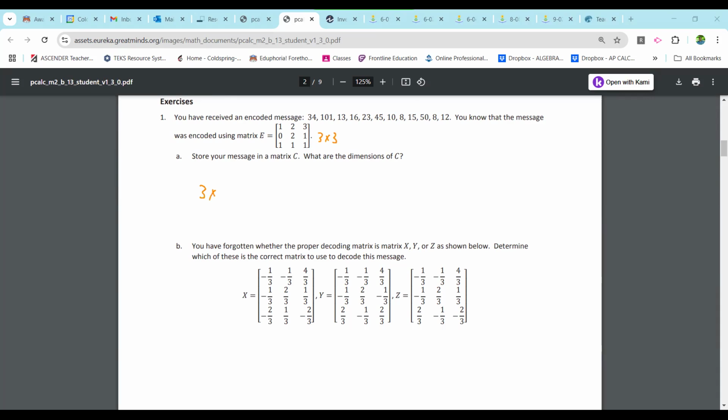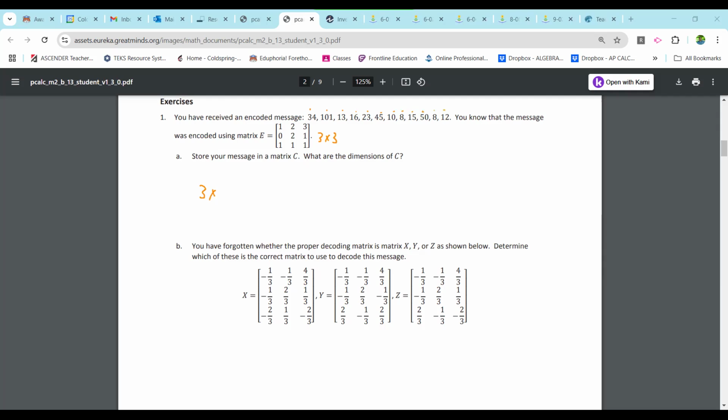Do you remember how we determine how many columns we have? Divided by 3. So how many numbers do I got? 1, 2, 3, 4, 5, 6, 7, 8, 9, 10, 11, 12.